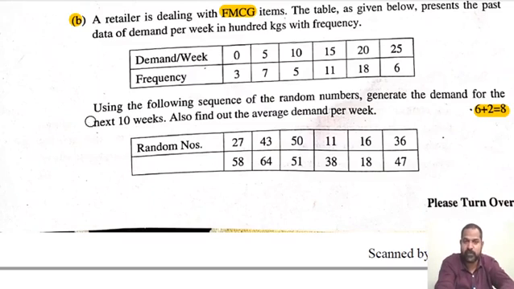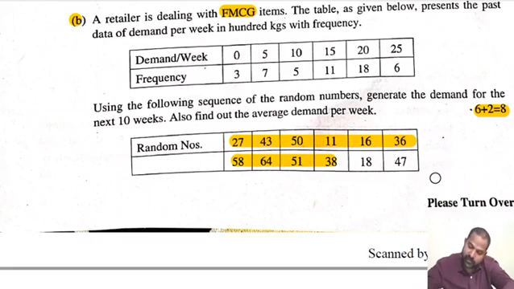So 6 marks for generating for 10 weeks and 2 marks for the average, which is 1, 2, 3, 4, 5, 6, 7, 8, 9 and 10. That's it. 8 marks, one question, 8 marks.